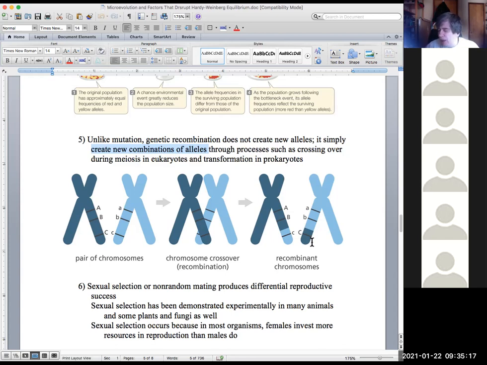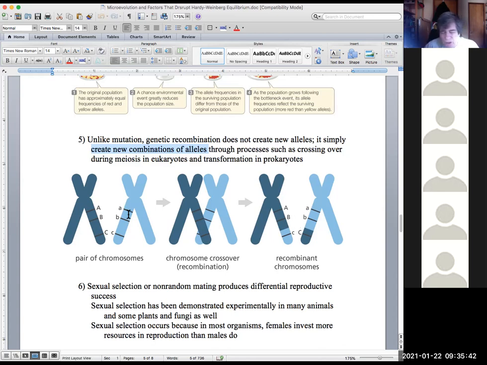But what we know now from studying metabolism and biochemistry is that one protein can affect the way another protein works. So if you get little c being made at the same time as big A and big B, that may give you a completely different result than when little c was on the same chromosome with little b and little a.